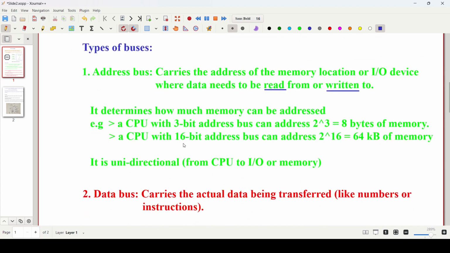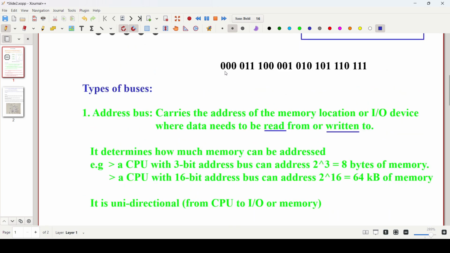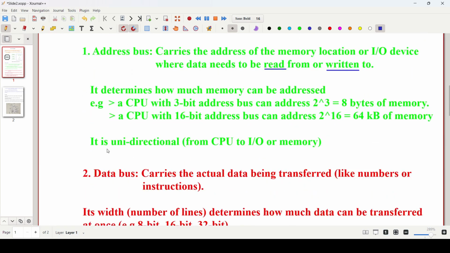Similarly, a CPU with a 16-bit address bus can address 2 to the power 16, that is 64 kilobytes of memory, and you can create this kind of combination here. And the address bus is unidirectional, that is, from the CPU to the input output or the memory.